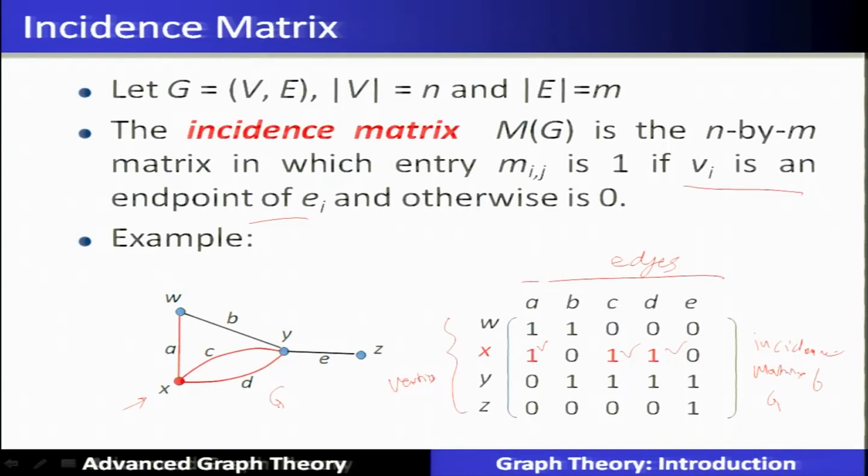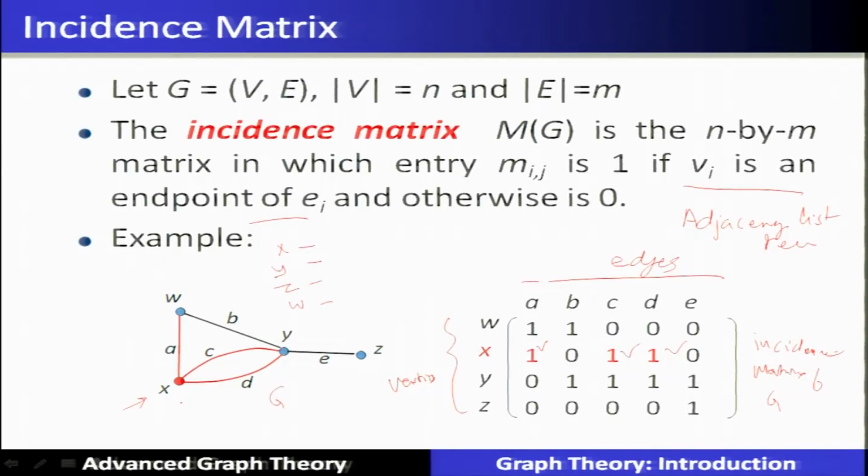There is one more way to represent the graph, that is called adjacency list. Adjacency list representation of a graph. For example, this is the graph. For every vertex x, y, z, w, you can find the list of vertices which are adjacent.